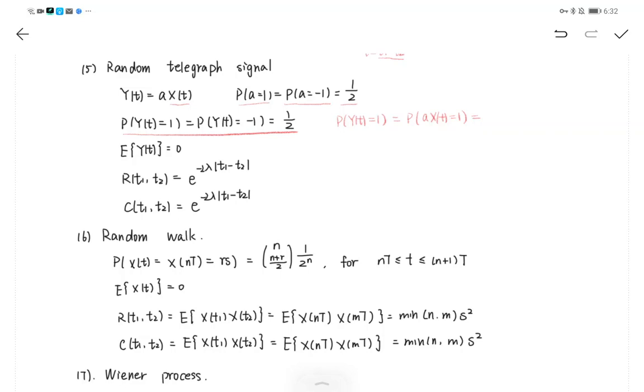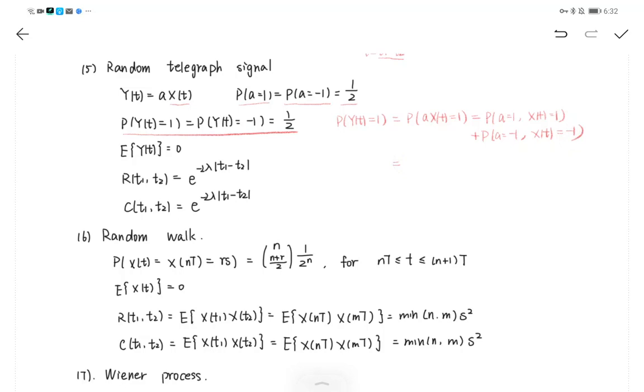So A X(t) equals 1 has two solutions. The first one is A equals 1 and X(t) equals 1. And the second is A equals minus 1 and X(t) equals minus 1.